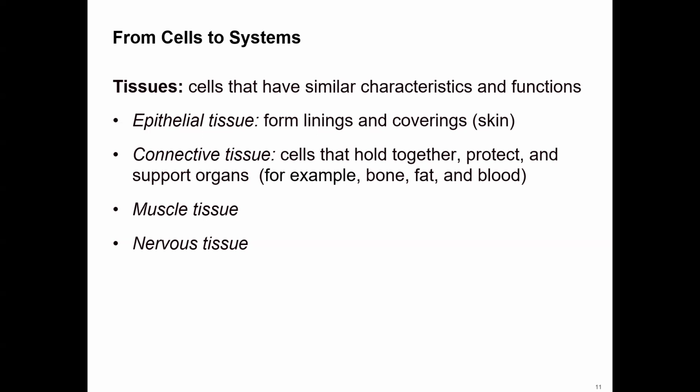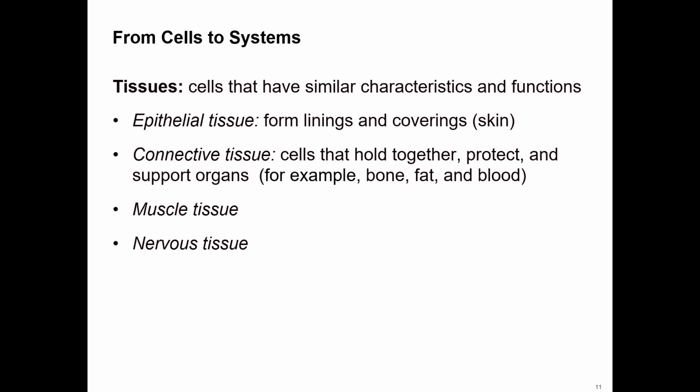Connective tissue, you have a lot of different examples of connective tissue, and it does what it sounds like. These cells are working together to literally hold things together, maybe also for protection, also just for support of your internal organs. Your bone has connective tissue there. Your fat cells, fat storing cells, your adipocytes, store up lipids.